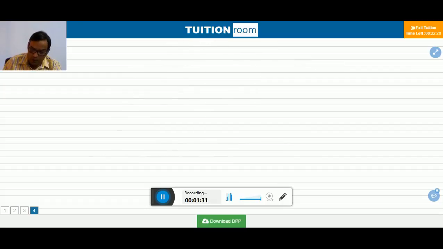Suppose in the question, I'm making a map now. In the question, weight is given, or volume at STP is given, or number of molecules is given.